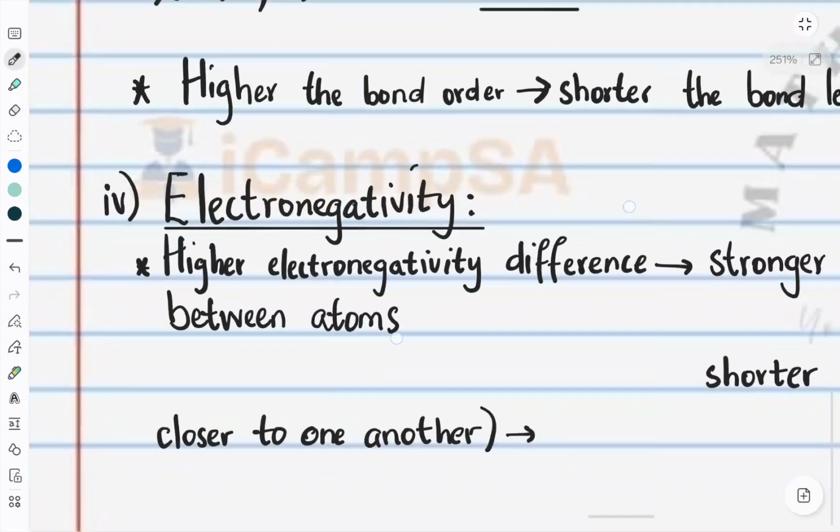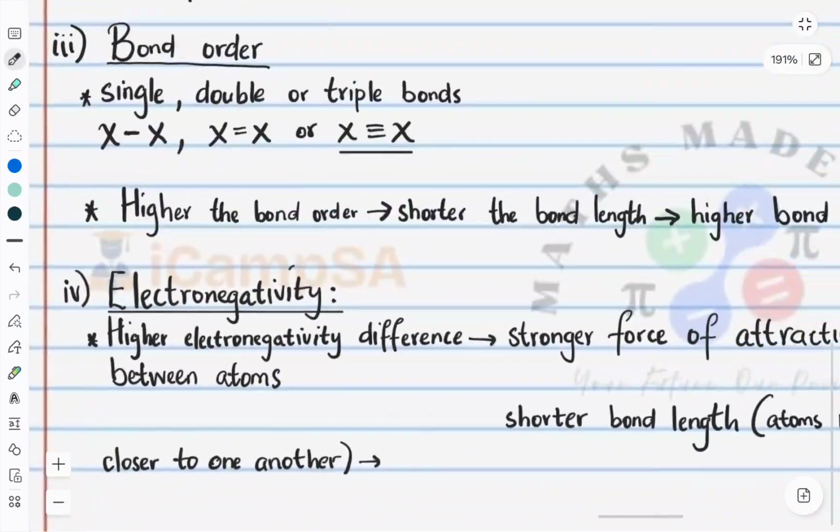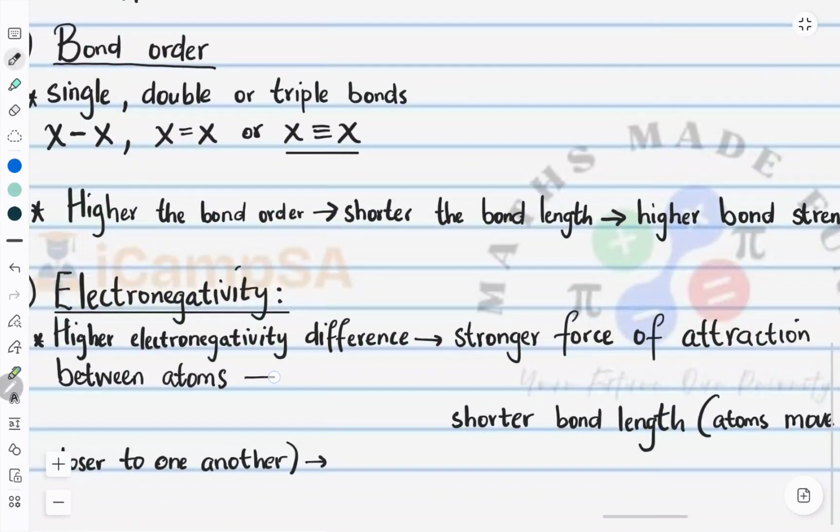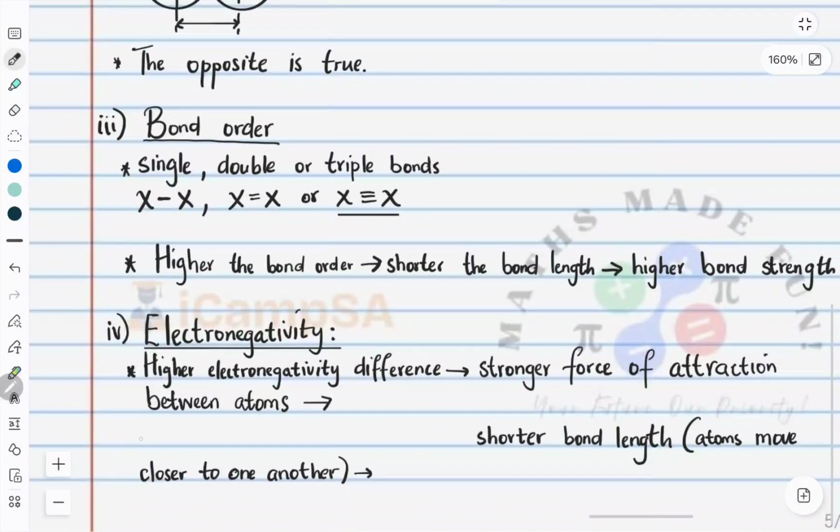So what then tends to happen is the stronger the force of attraction, the shorter the bond length, right? And therefore, these atoms will move closer to one another.